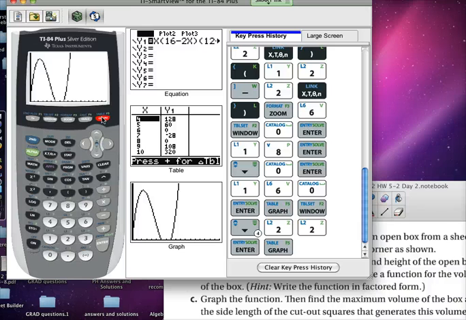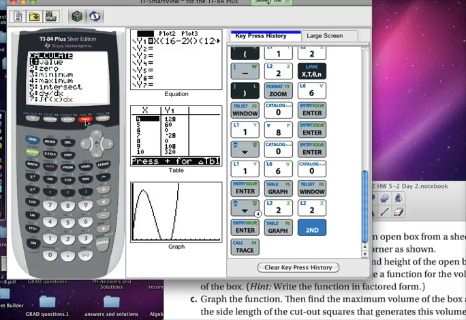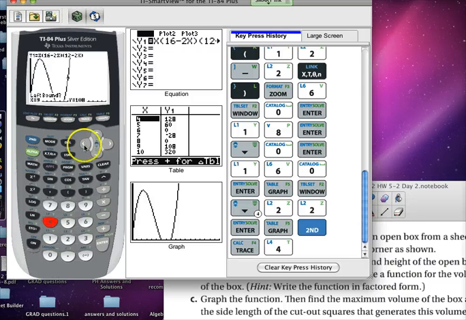So I want an x and a y at the max, which is exactly what second trace does when we're finding the maximum value. Now, unfortunately, Blinky's way too far over to the right, so I've got to hit my left arrow a lot to get Blinky back over here where I can find that relative max.